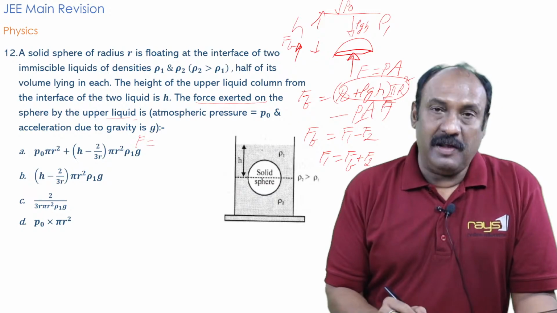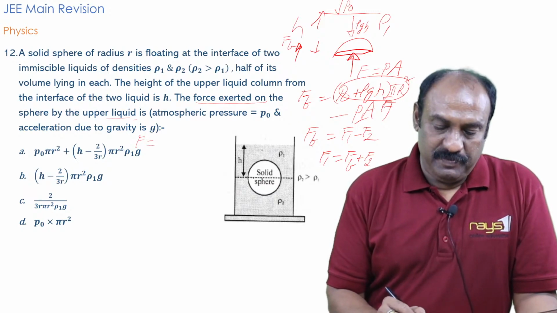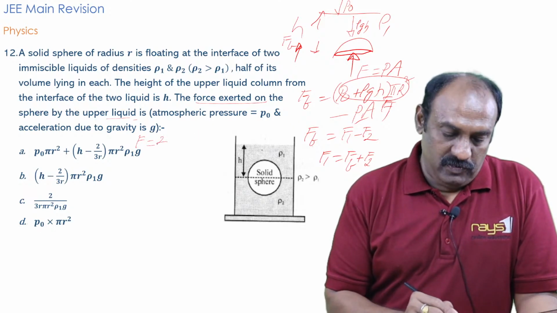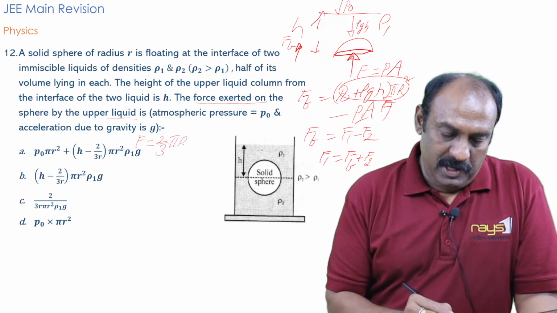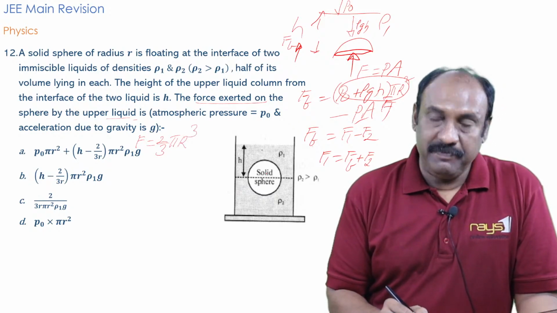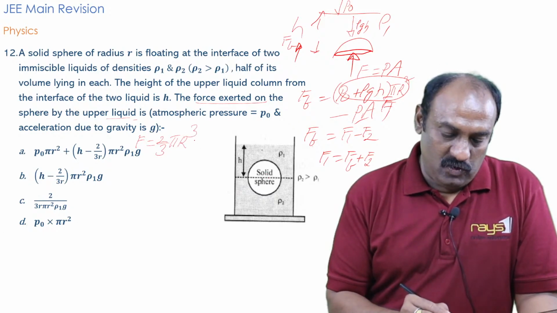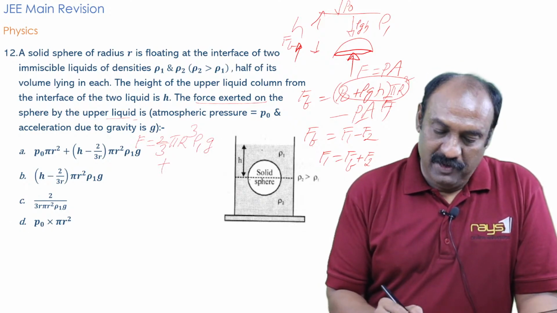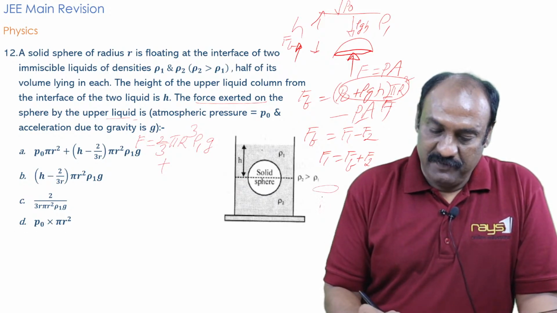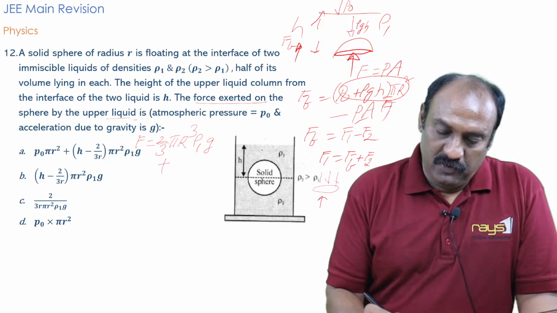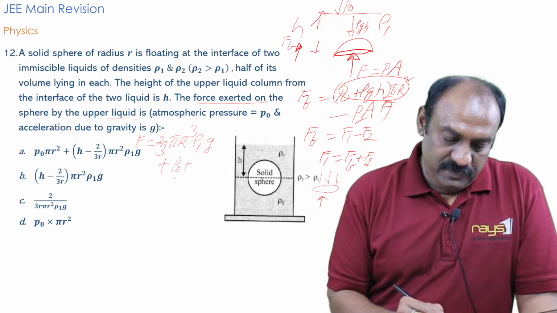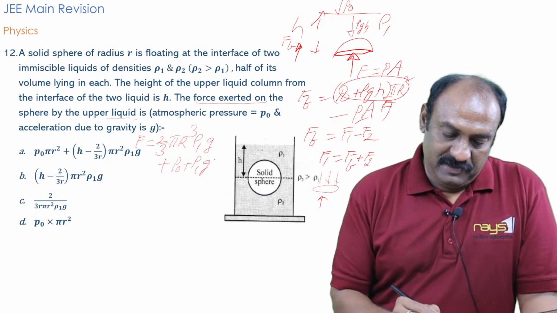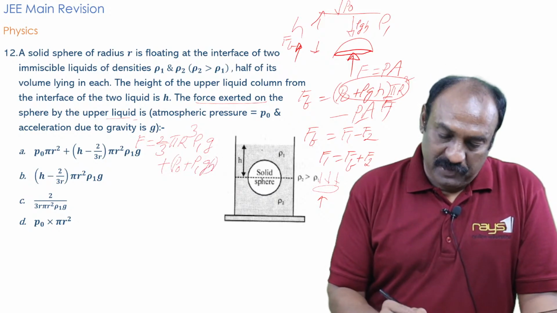Buoyant force on this part is 2 by 3 volume V rho g, that is 2 by 3 pi r cubed into density rho 1 into g, plus the F2 value. This F2 value on this flat surface is P naught plus rho 1 g h into area of cross section pi r square.